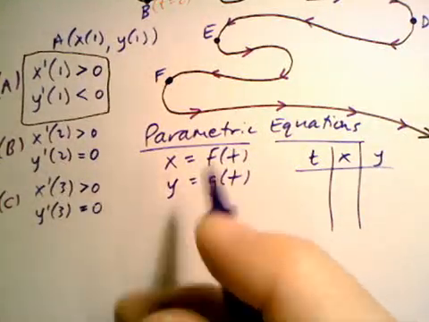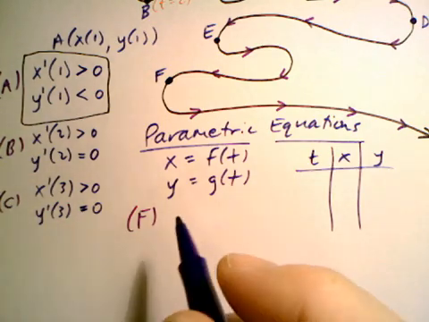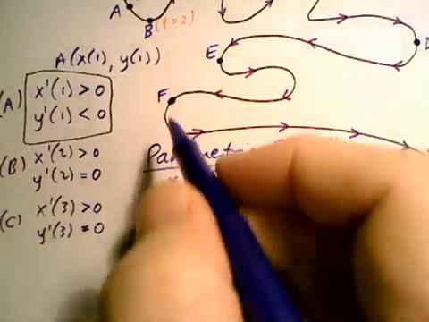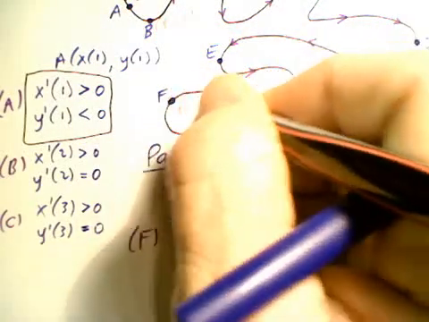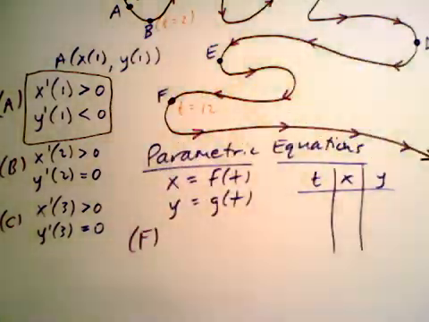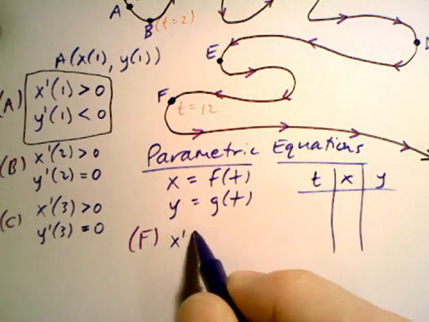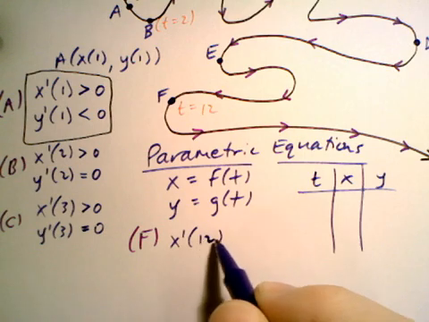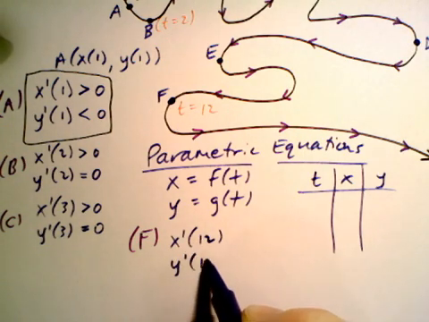Let's try one more, and let's try F. I challenge you right now to indicate what the derivatives are. Let's just say when we get to F, it's like at t equals, let's say 12, at the 12-second mark. So at point F, that would be x prime at 12, our horizontal rate of change, and our vertical rate of change.